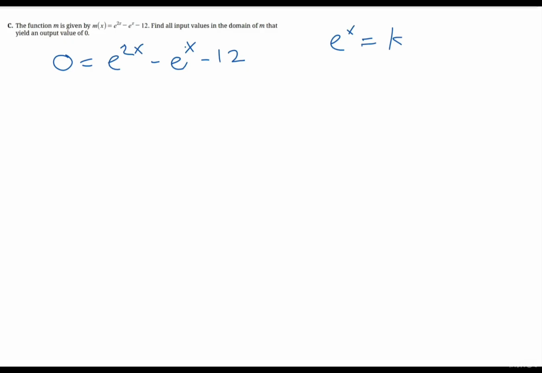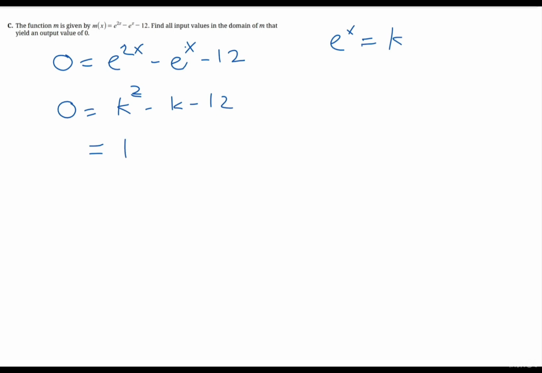So we now have 0 is equal to k square minus k minus 12. Now I'll factor it. I could either use the quadratic formula or I'll recommend that you use splitting the middle term.